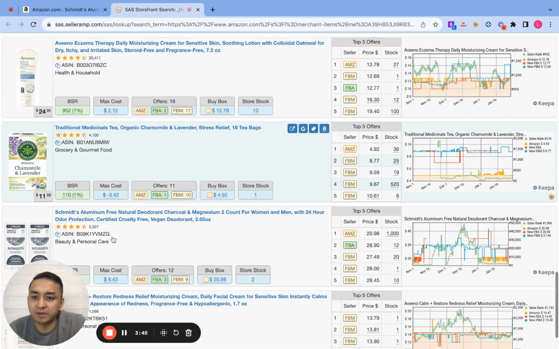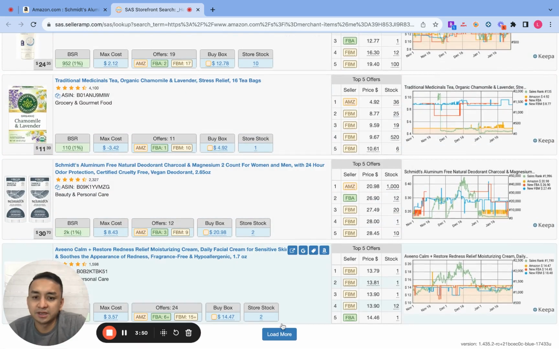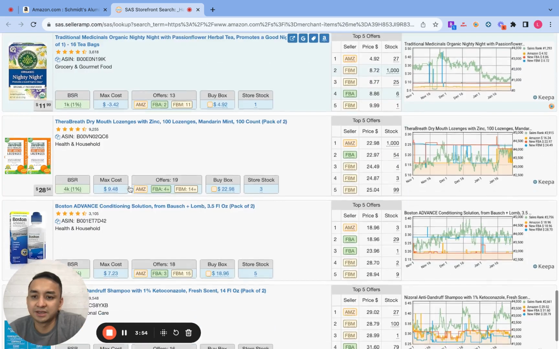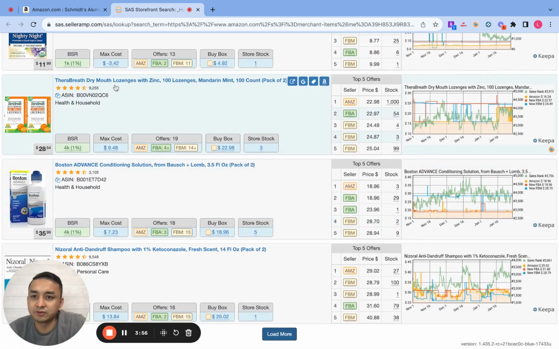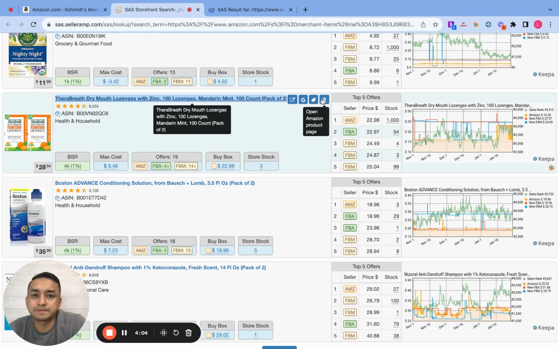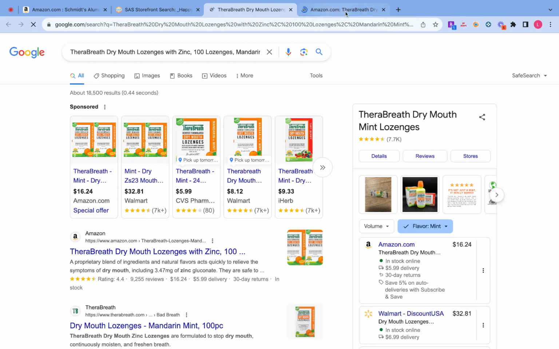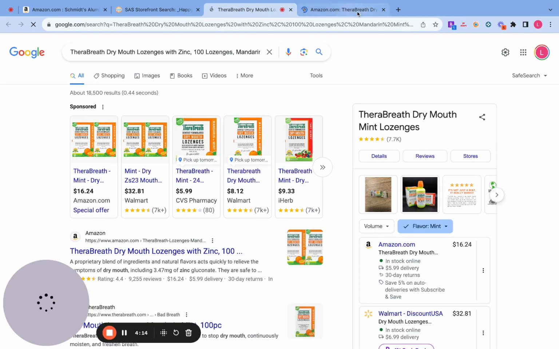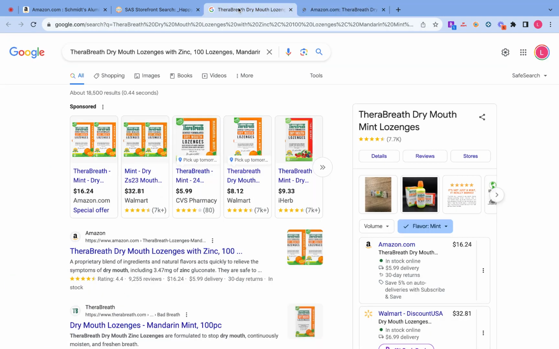So again, I'm looking at the max cost, and I'm looking for products that are at least $10. This would do 9.48. Let's see this one. So this one's a pack of two, 9.48.